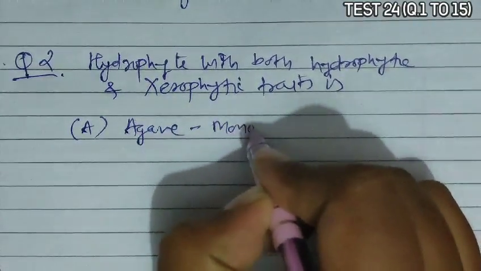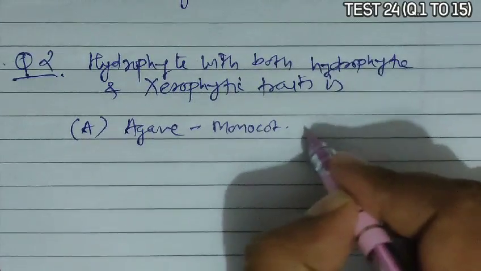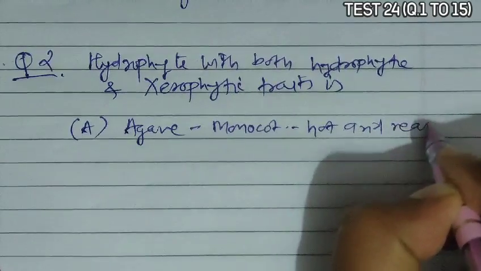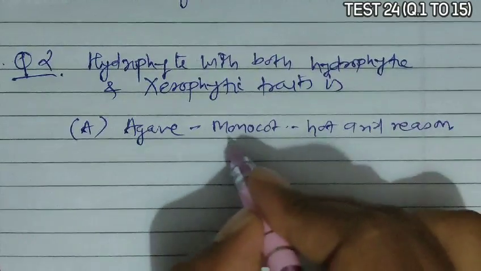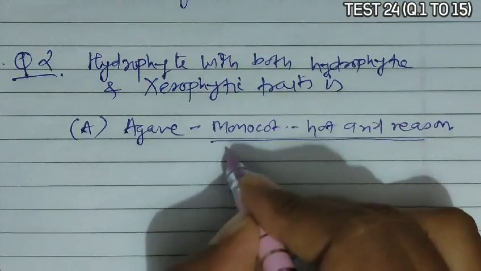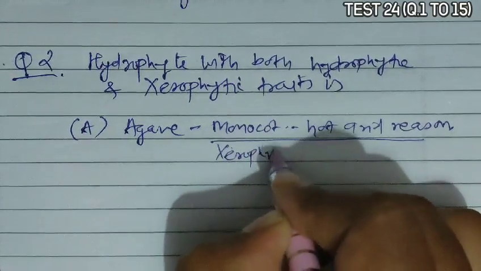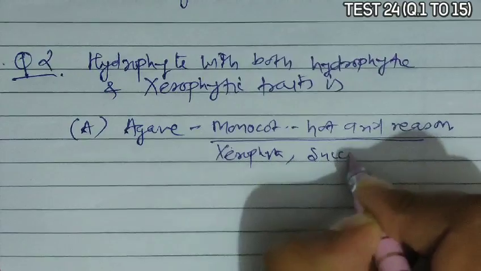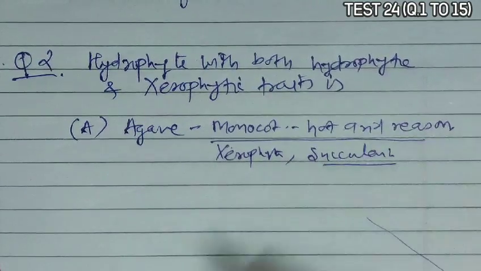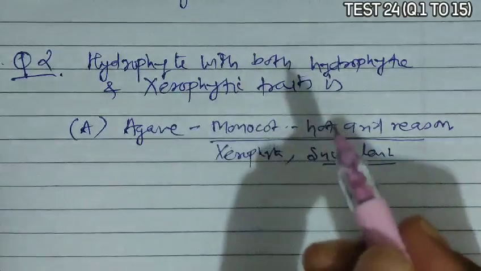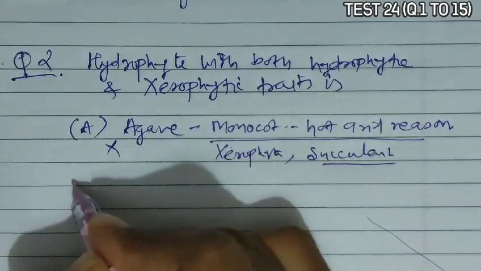Now agave is a monocot. It is found in hot arid regions, so obviously it has xerophytic characteristics, and it is a succulent, so it can hold or store water, but it is not living in a watery condition, so it is not a completely hydrophyte, so it cannot be the answer.